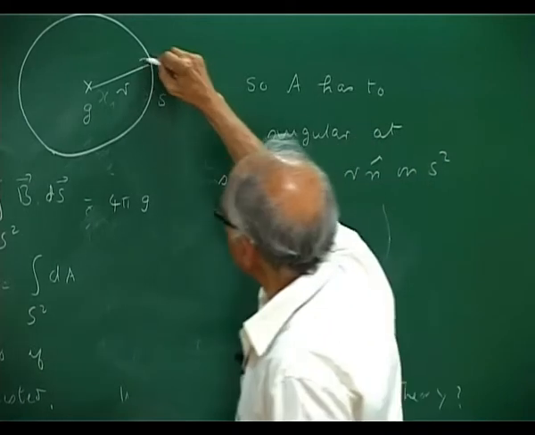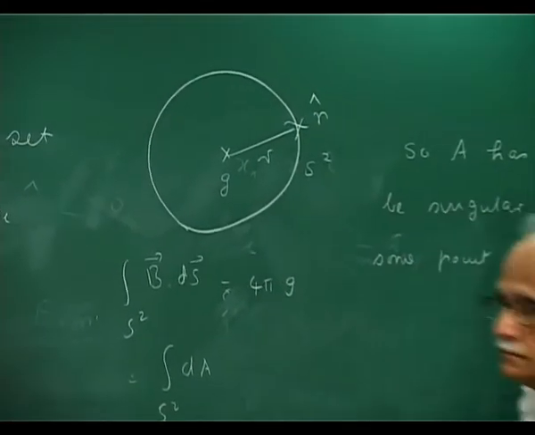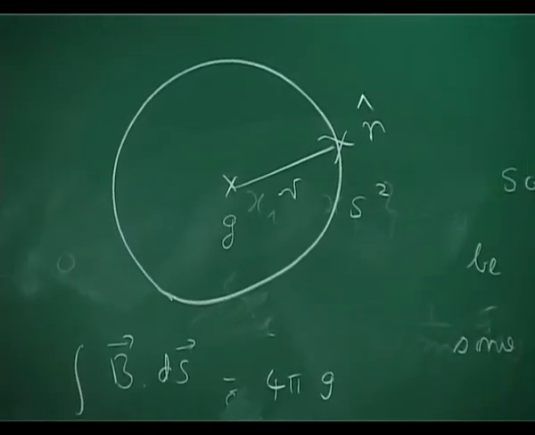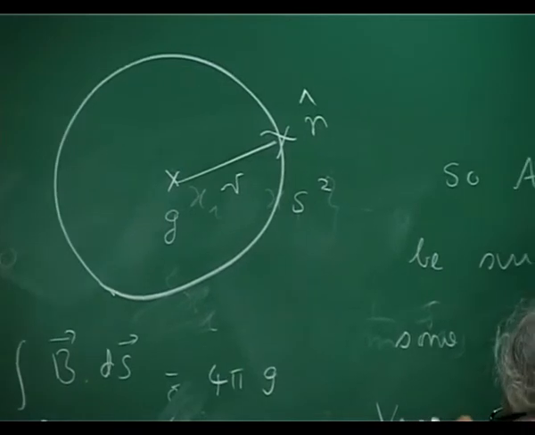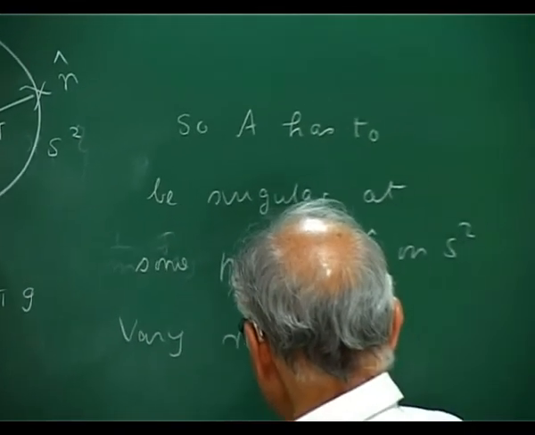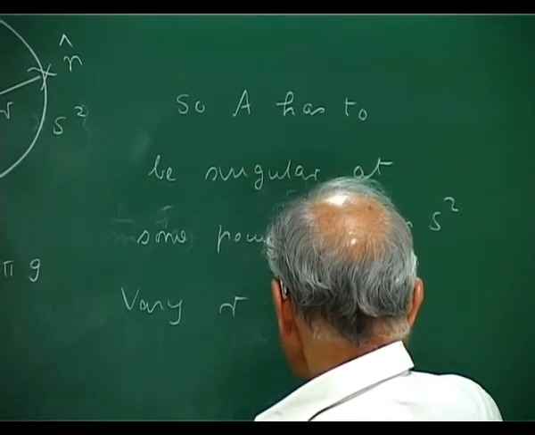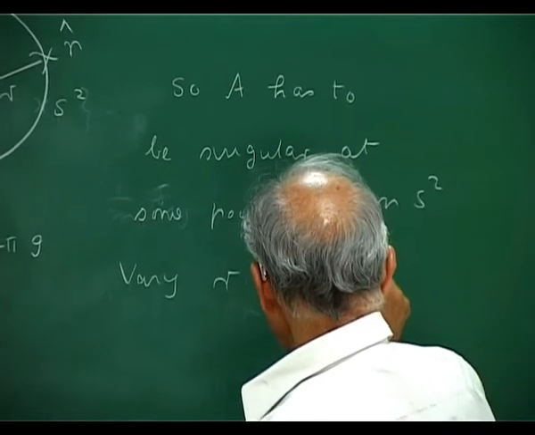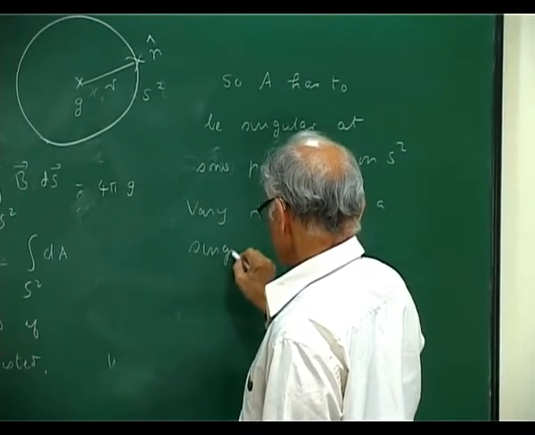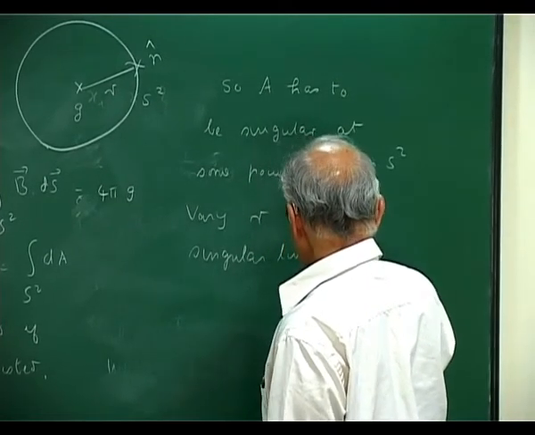Some point here, which you can choose at will. So this is some unit vector, but this is true for all R. So vary R to get a singular line. Okay, this is called the Dirac string.